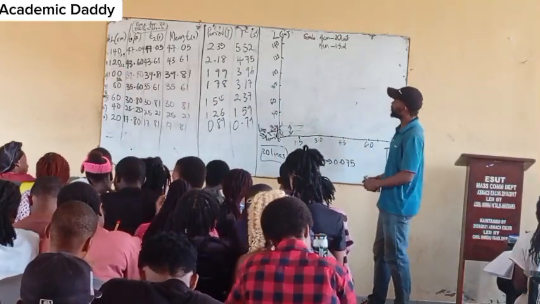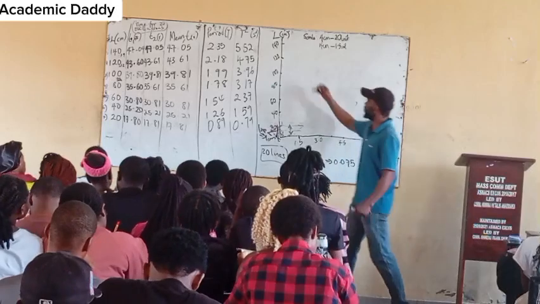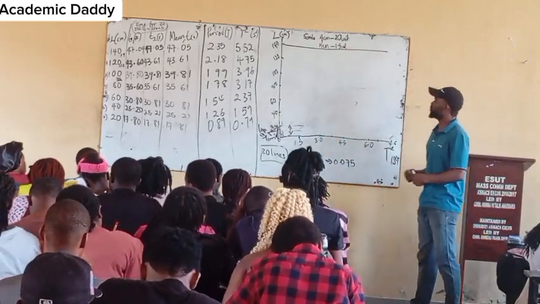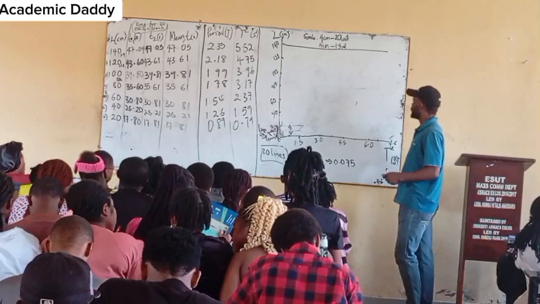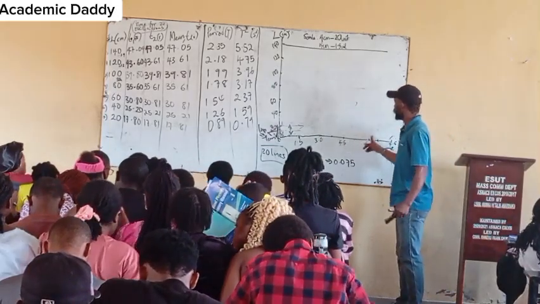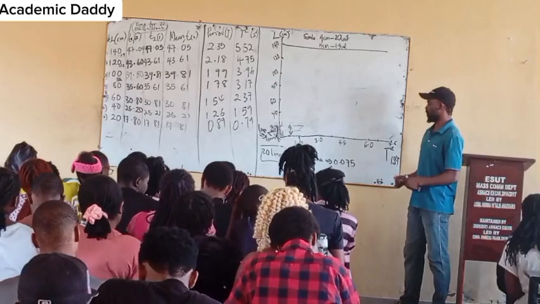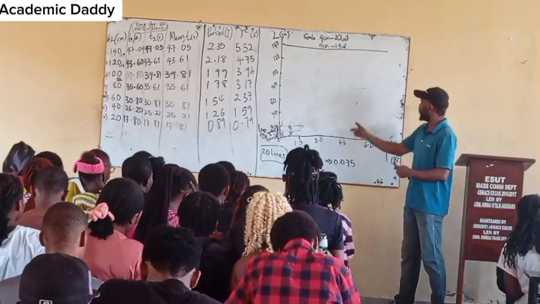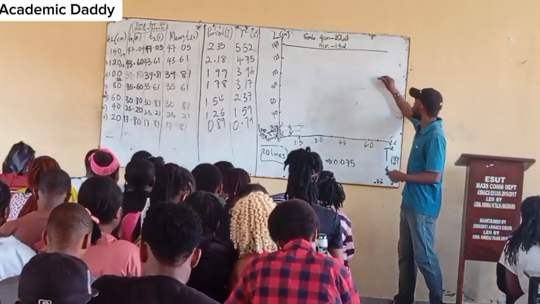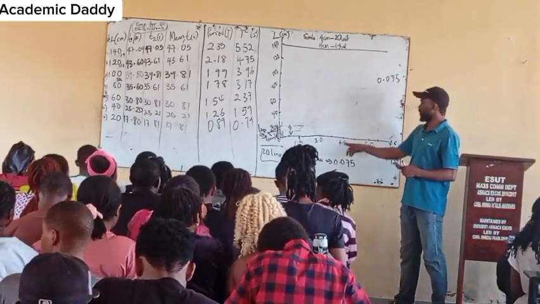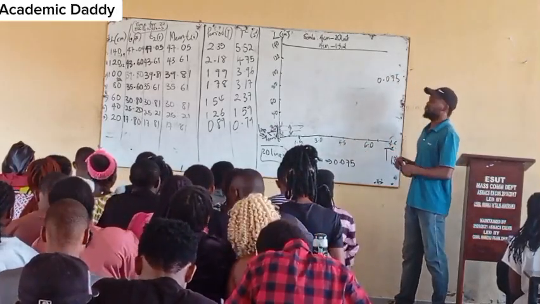The next thing I have is 5.52. Let me push this way. If I push this way, my 5.52 will be somewhere here. Pay attention. Let's check something. If we say that each line here is 0.075, I want us to add 4.5 plus 0.075.